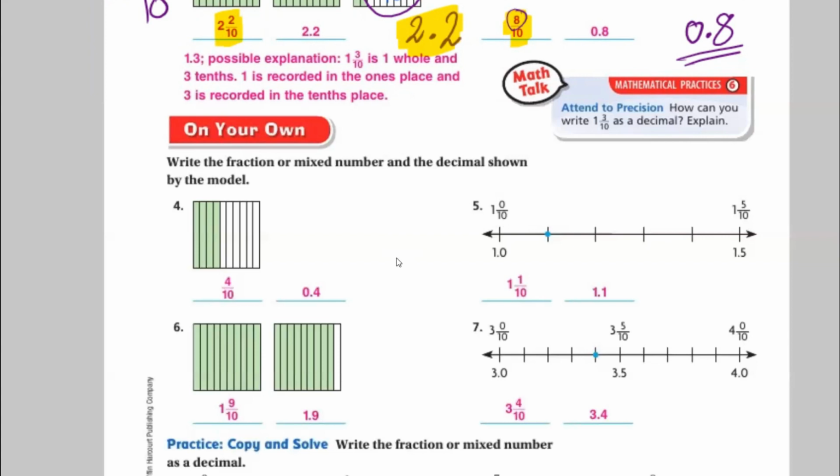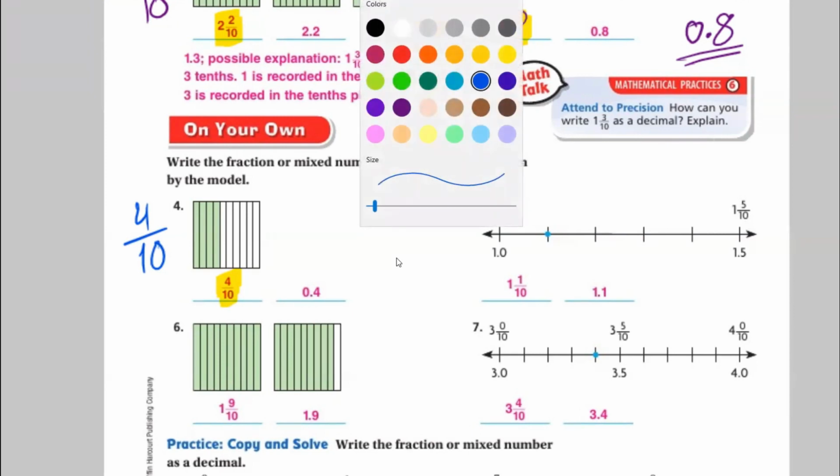So what about the shaded boards? How many shaded boards do you see? 4. And over what? What's the total boards? 10. So that's our fraction. That's the first part of our question. Can you tell me the other part? We're gonna convert this to a decimal. So what are we gonna put first?